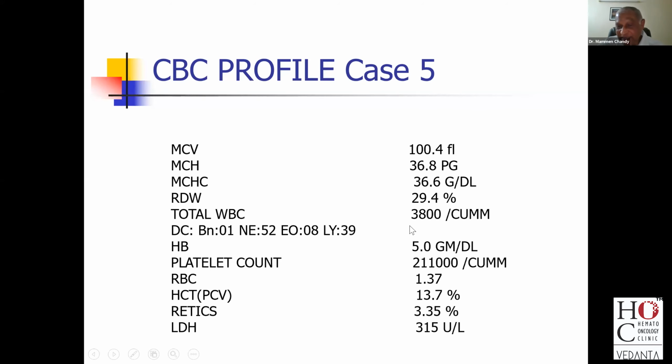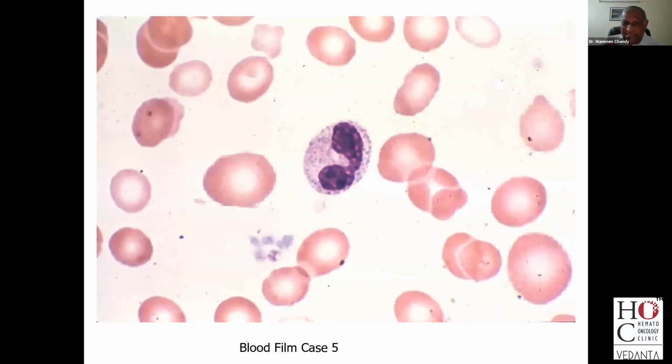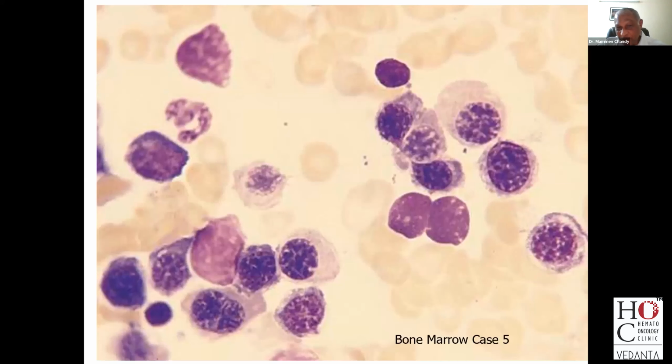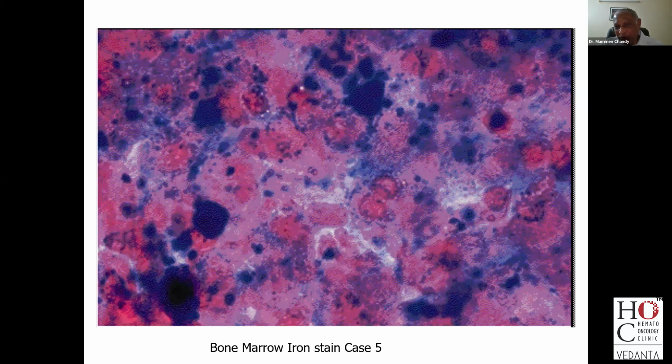You can get a pancytopenia in a megaloblastic anemia, right? This is a blood film, and you can see there's a Pelger-Huet cell here, but there is macrocytosis. The bone marrow showed megaloblasts with erythroid hyperplasia, right? She had lots of stainable iron in her bone marrow.